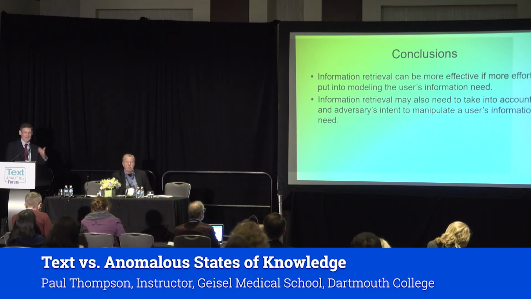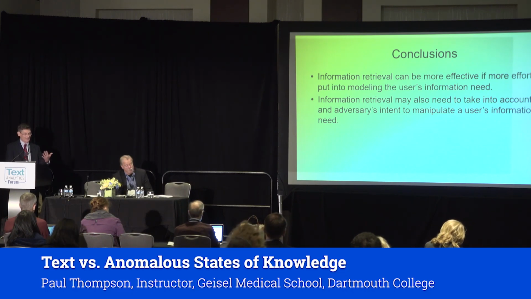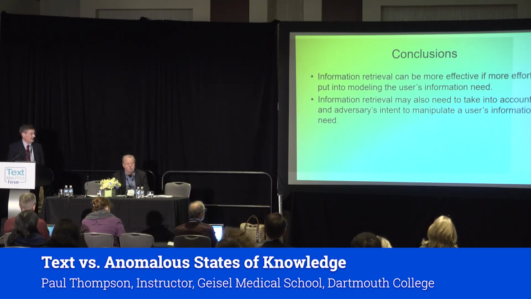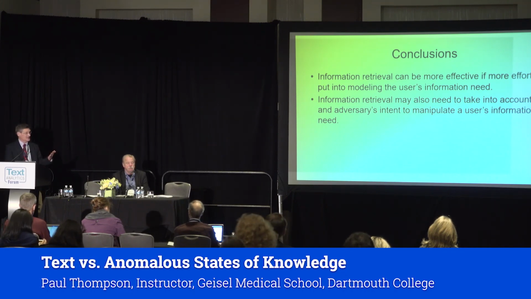And with clickstream mining, we're not sure necessarily how web search engines are using that data, but potentially they could build fairly elaborate models of the user's mental state. Whether they do or not is proprietary, I suppose. And also, we really, in some settings at least, can't just take information at face value, but have to consider a possible adversary's intent to manipulate this user's information need.